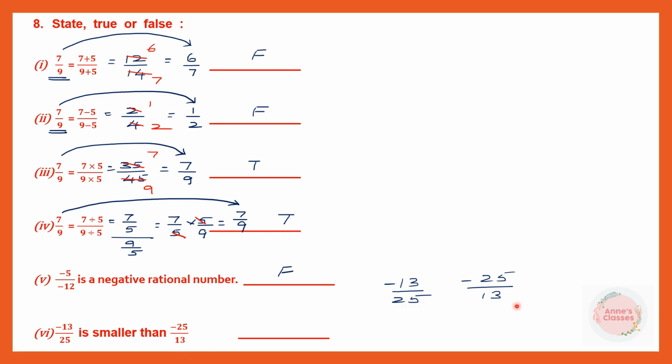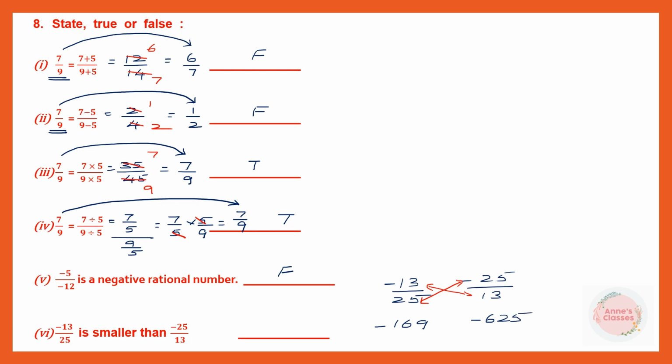One way is to find the LCM and do it, otherwise you cross multiply. So here let's cross multiply these. Minus 13 into 13 is minus 169. Now cross multiply 25 and minus 25. So we have minus 25 into 25 is minus 625.